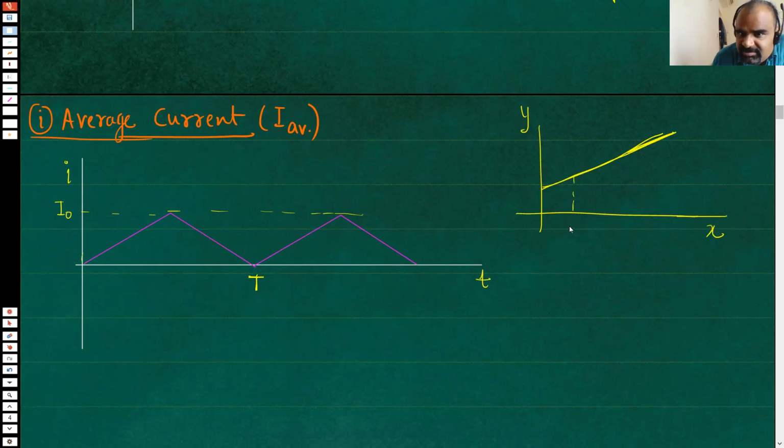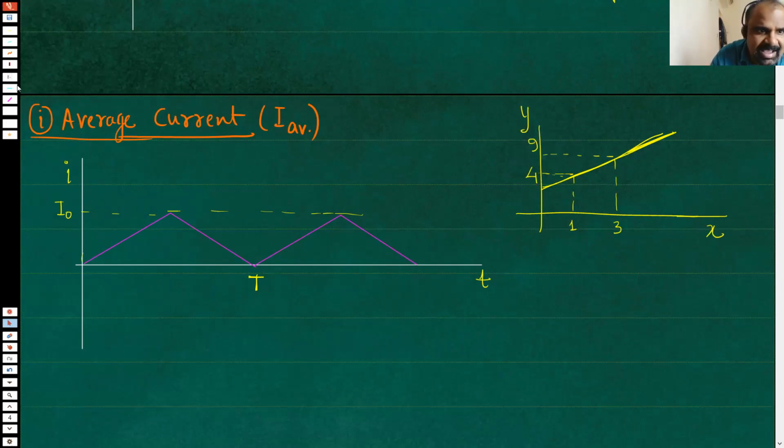Suppose at x equal to 1, the value of y was, let's say, 4. And at x equal to 3, y is 9.